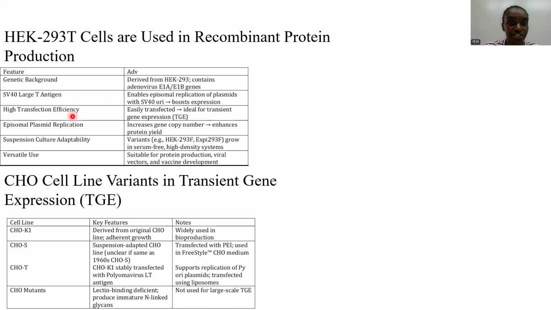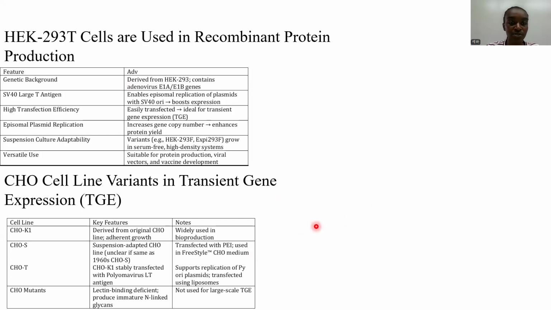It has high transfection efficiency. Also, it can be highly adaptable to suspension culture because the increase in the episomal plasmid replication and the gene copy numbers enhances the yield of the protein and hence the versatility in use in both recombinant systems for various therapeutic proteins.